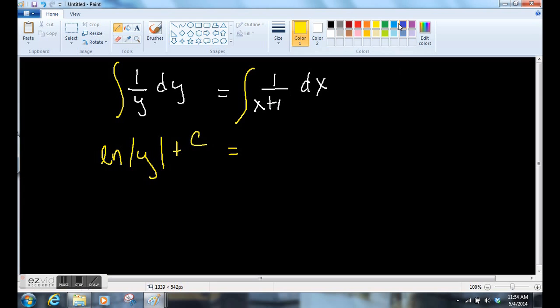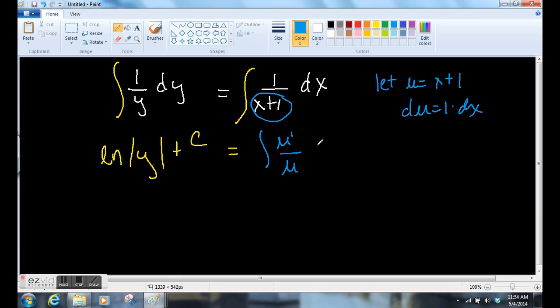And for this one, remember, we would do this formally. We'd say, well, I want it to be 1 over something. So I'm going to let u equal x plus 1. The derivative of u is just 1 dx. Yay! So I could rewrite this one in the form of u prime over u dx.